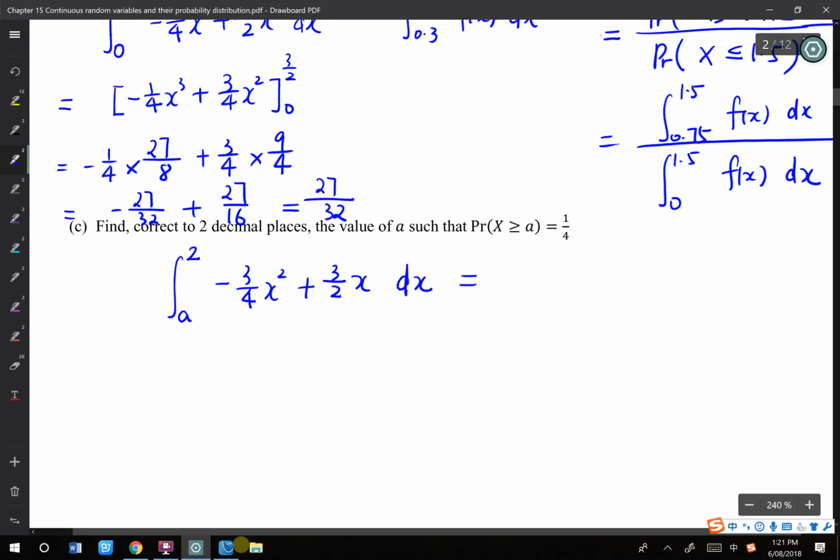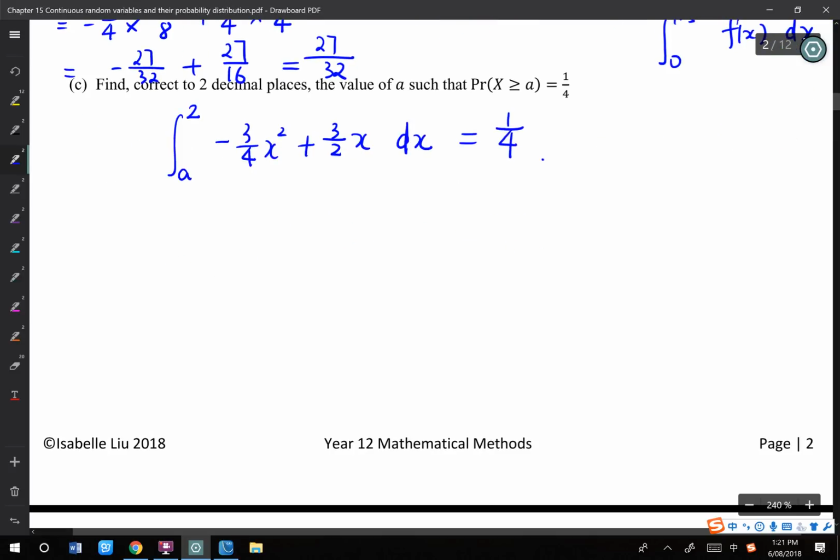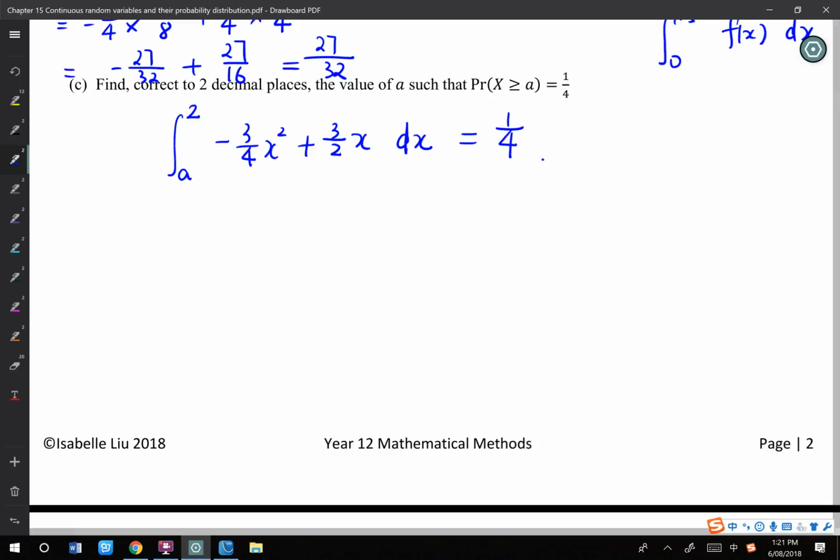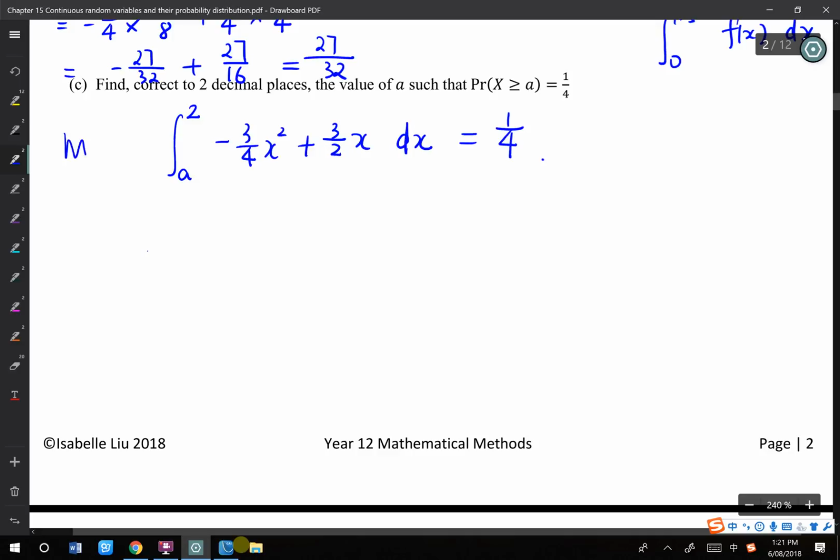And that gives you a quarter. How can we do that? Good, CAS. Well, I'm not going to do this by hand. When you solve for this, I shouldn't write it here, okay?